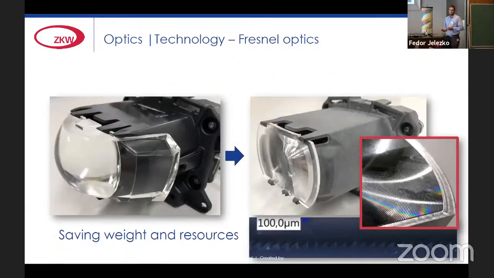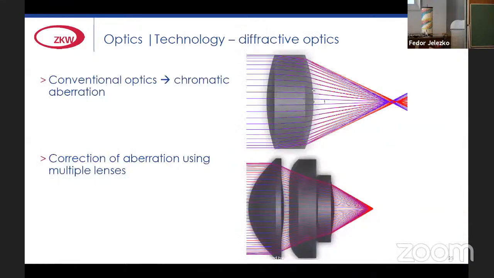We also try the obvious path of implementing Fresnel technology, to shrink lenses basically, so making one of these lenses as flat as this one. And the technology we are working on at the moment is to implement also the wave structure of the light.